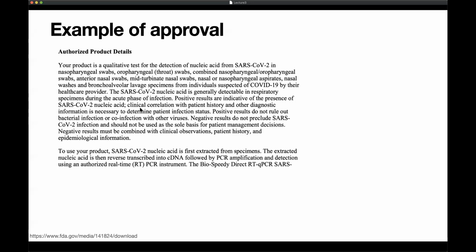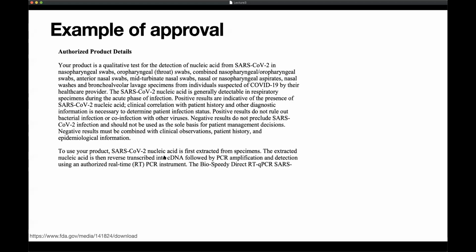Positive results are indicative of the presence of SARS-CoV-2 nucleic acid. Clinical correlation with patient history and other diagnostic information is necessary to determine patient infection status. Positive results do not rule out bacterial infection or co-infection with other viruses. Negative results do not preclude SARS-CoV-2 infection and should not be used as the sole basis for patient management decisions. Negative results must be combined with clinical observations, patient history, and epidemiological information.